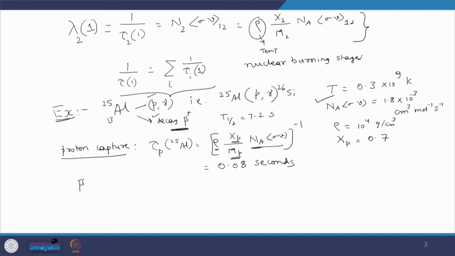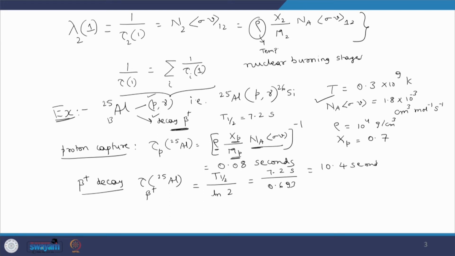Similarly, the second way of destruction, that is beta decay. The lifetime of 25 aluminum by undergoing beta plus process is nothing but the half life of the beta plus decay divided by logarithm of 2. This is a well known relation to you, right. So, 7.2 seconds divided by 0.693 gives me around 10.4 seconds. What does it mean?